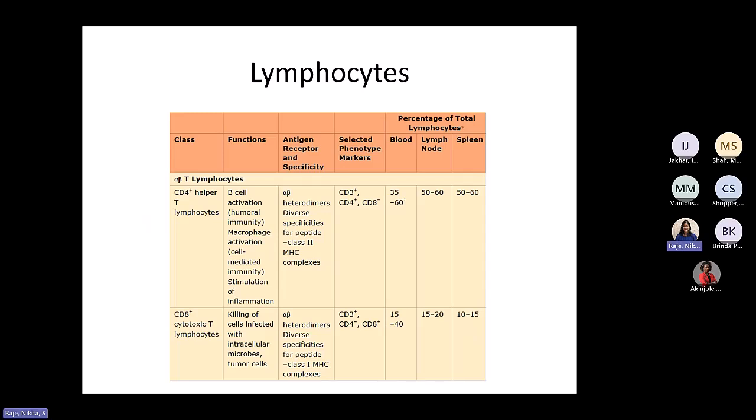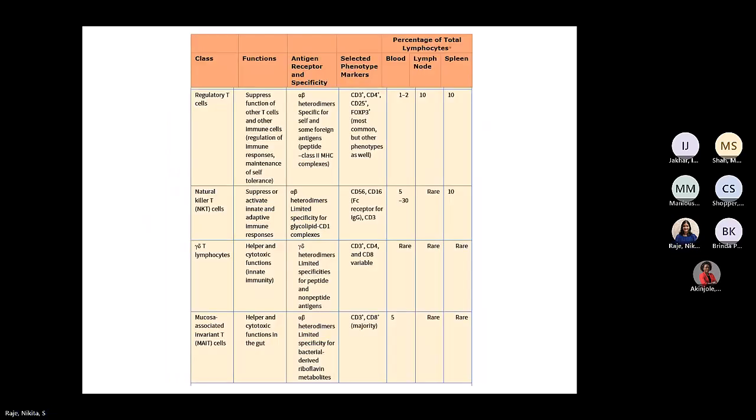CD8 have CD3 positive and CD8 positive. They also have alpha beta T cell receptor on their surface, and they interact with class 1 MHC, compared to CD4 that interacts with class 2 MHC on the APCs. And the CD8s help in killing the intracellular microbes or tumor cells.